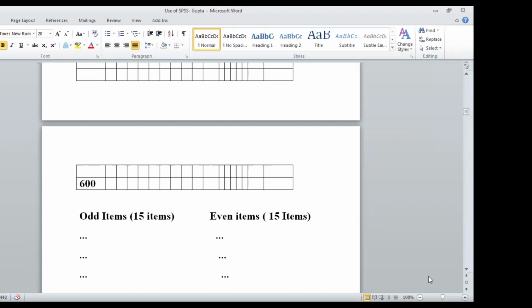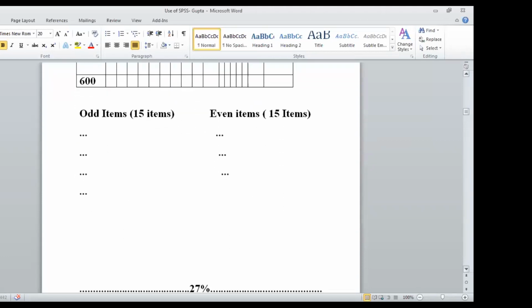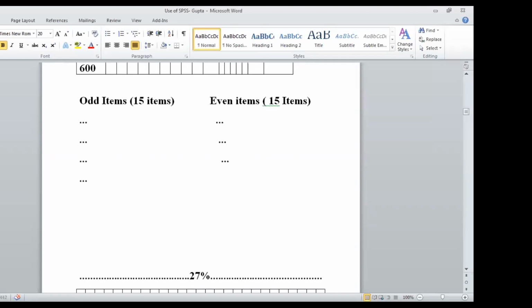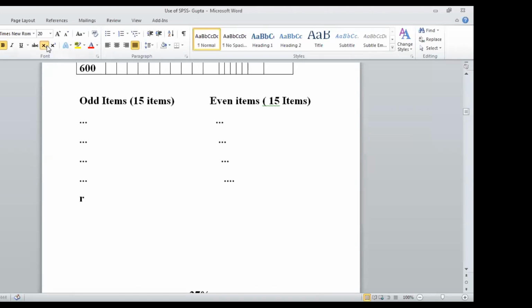And if you find the correlation between odd and even, this will be R half-half. That means you are finding out the correlation between half of the tool with the other half of the tool.